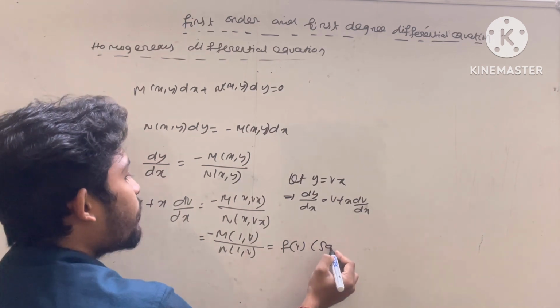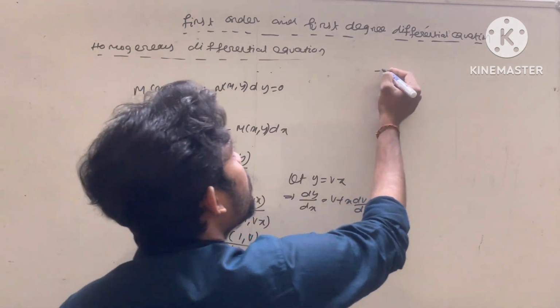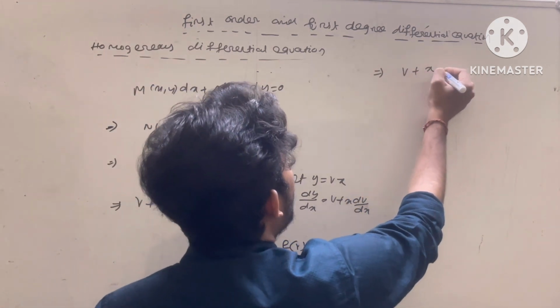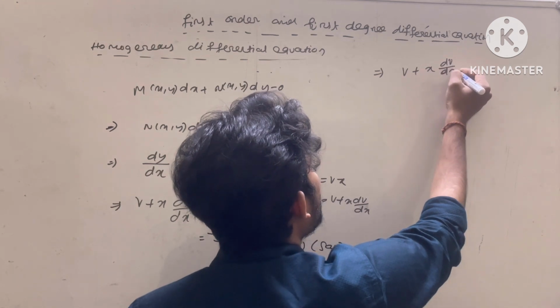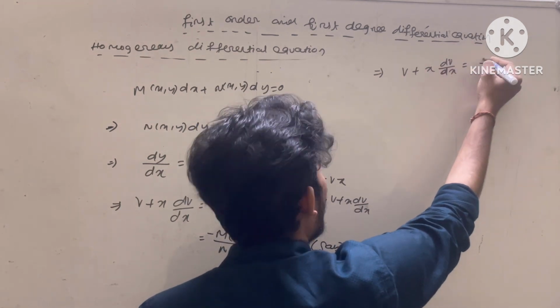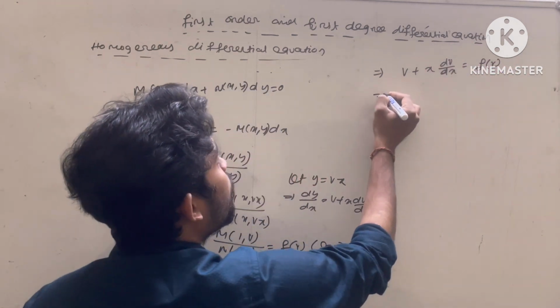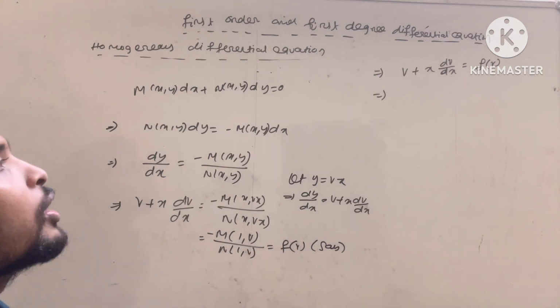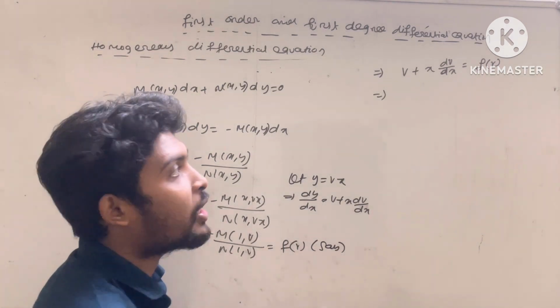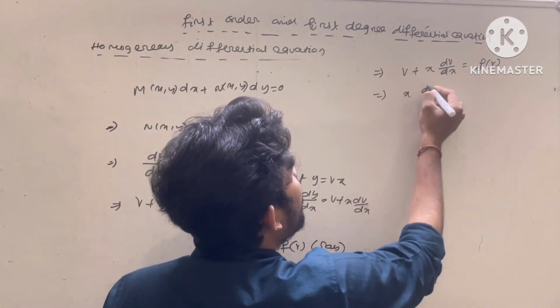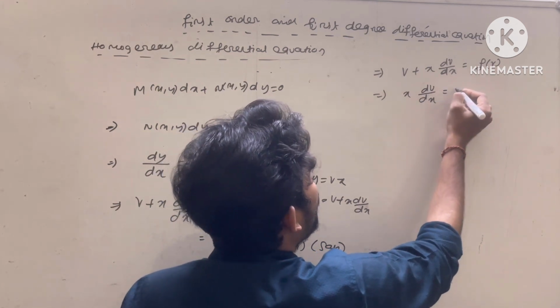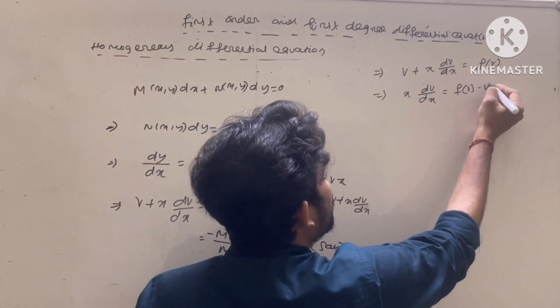Now this becomes v plus x dv by dx is equal to f(v). So now we have to use the variable separable method, that means v terms on the v side and x terms on the x side. So x dv by dx is f(v) minus v.